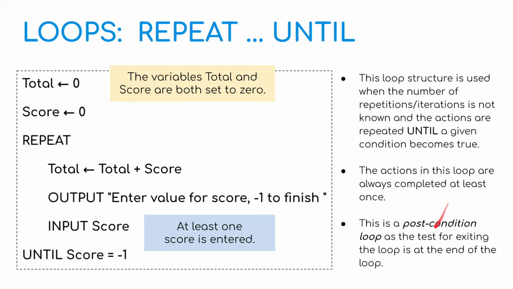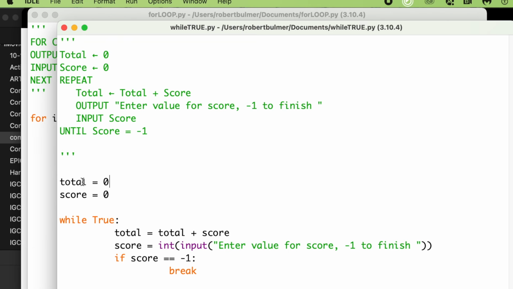Okay, and this is a post condition, basically outside the loop. So this is how I would do it in Python. I would go total equals 0, score equals 0, and while True, total equals total plus score. Score equals input the value for score using this message.